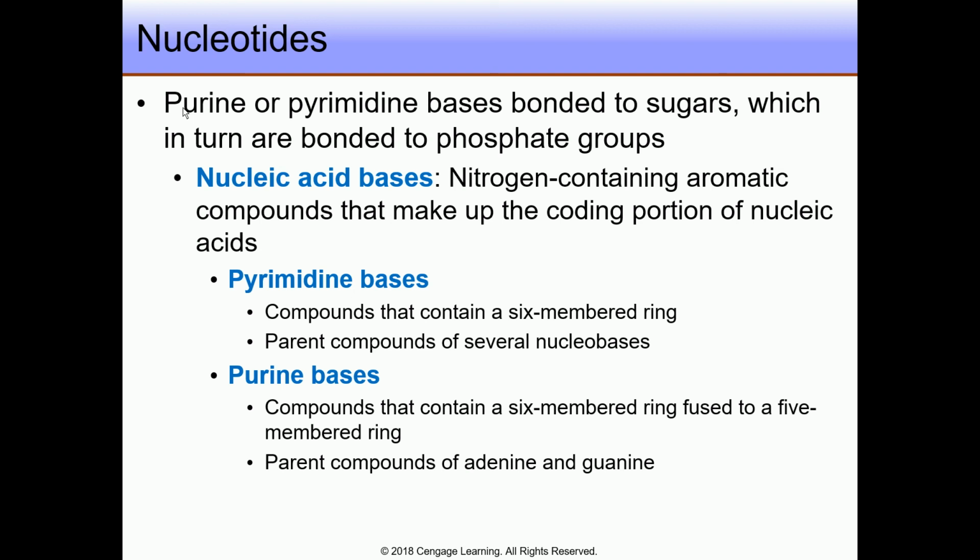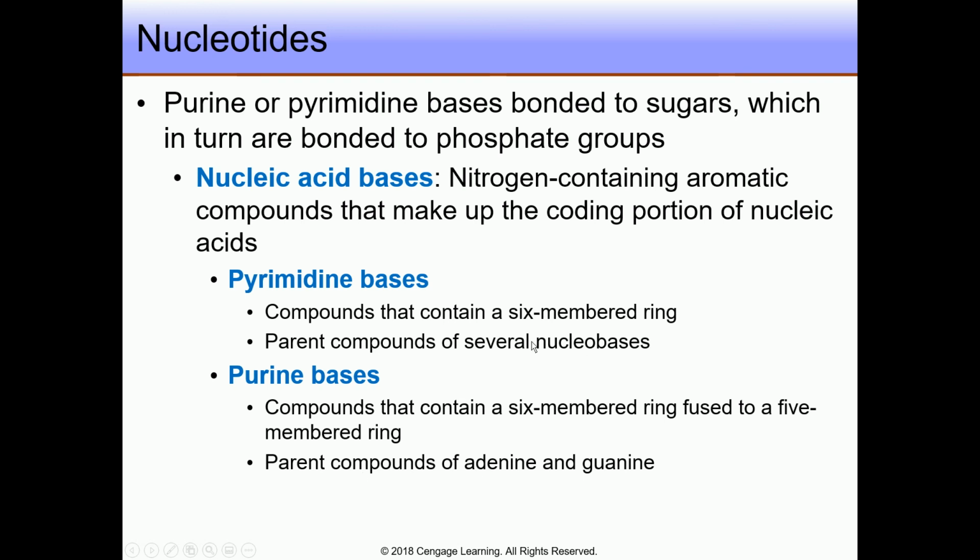Now these nitrogenous bases are called nitrogenous bases because these are ringed structures in which there is carbon as well as nitrogen. Because they have nitrogen in them, they are called nitrogenous bases. And why are they called bases? Because if you put them into water, the pH will be alkaline. Now the nitrogenous bases are of two kinds, called purines and pyrimidines. Purines have two ring structures, and pyrimidines have single ring structures.